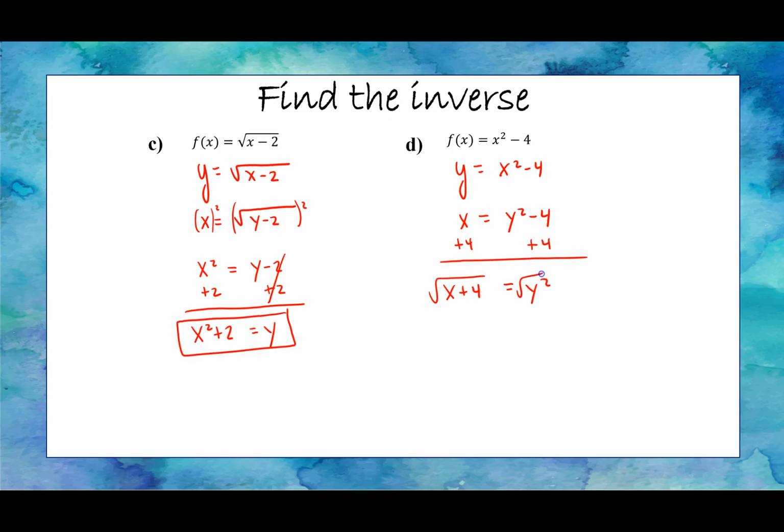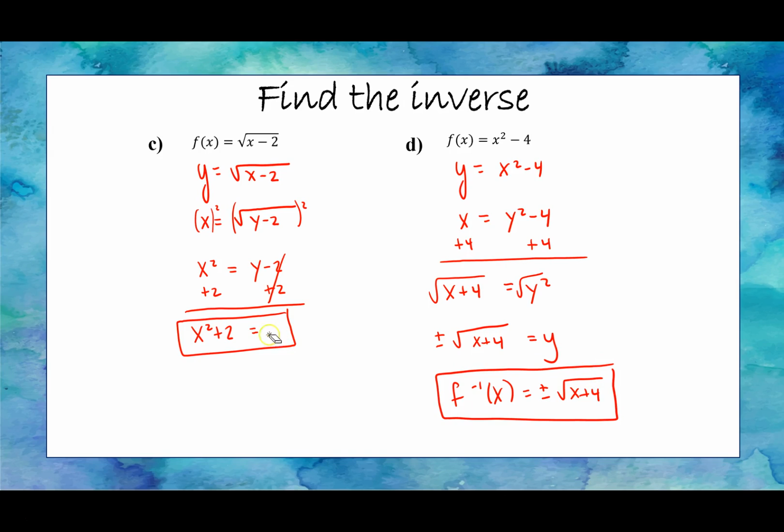Square rooting both sides, I do get plus or minus the square root of x plus 4 equals y. And then rewriting that, we get f inverse of x equals plus or minus square root of x plus 4. And I should have rewritten this one as f inverse of x as well. I wouldn't mark it wrong though.